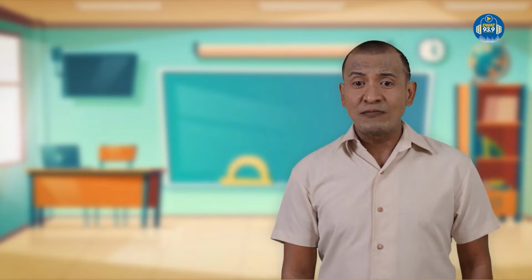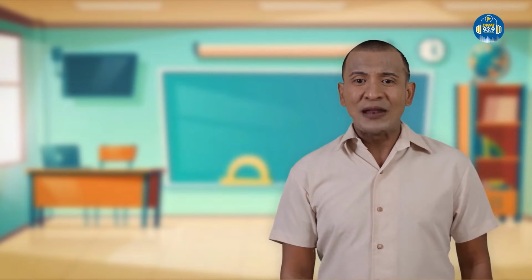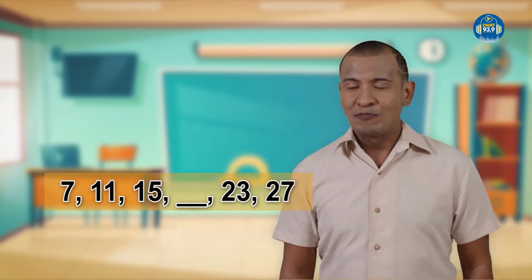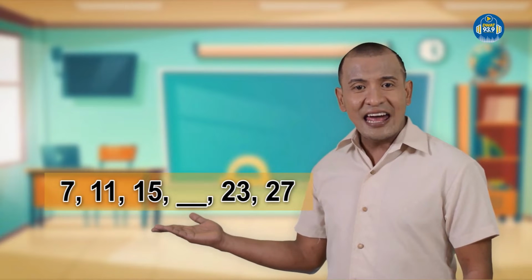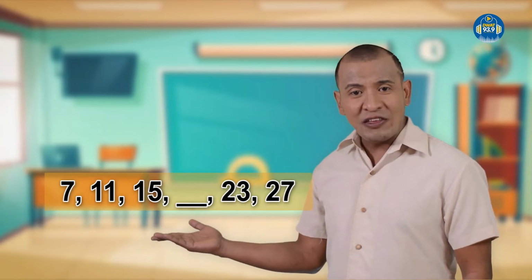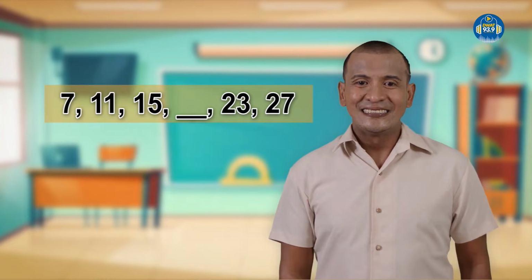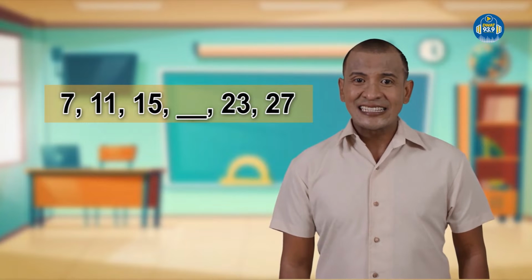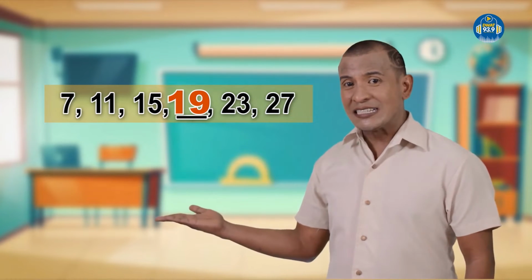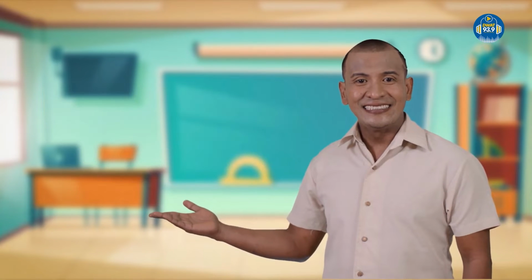Study the given arithmetic sequences. Determine the term that will be placed on the blank. First sequence, 7, 11, 15, blank, 23, and 27. The answer is 19 because the sequence has a common difference of 4.